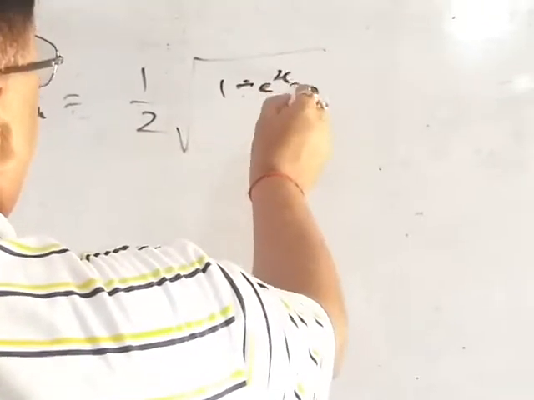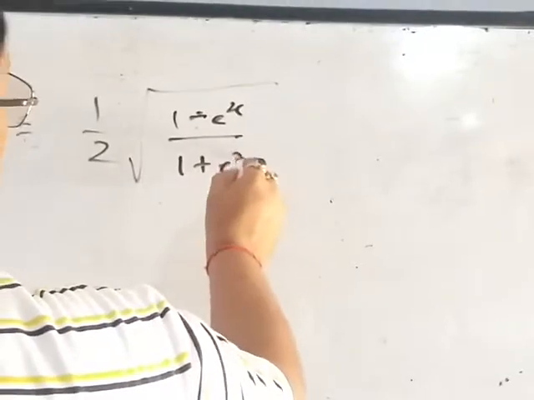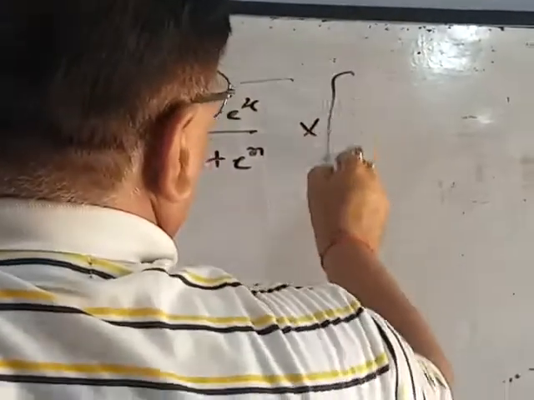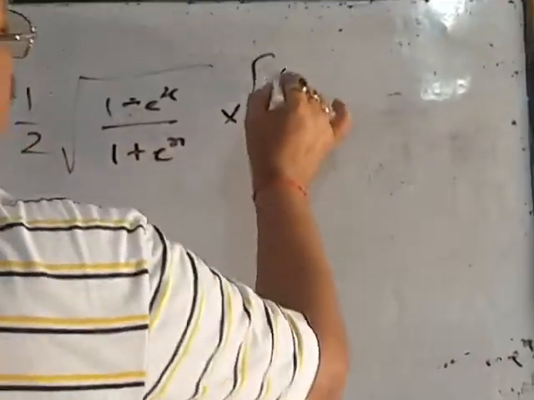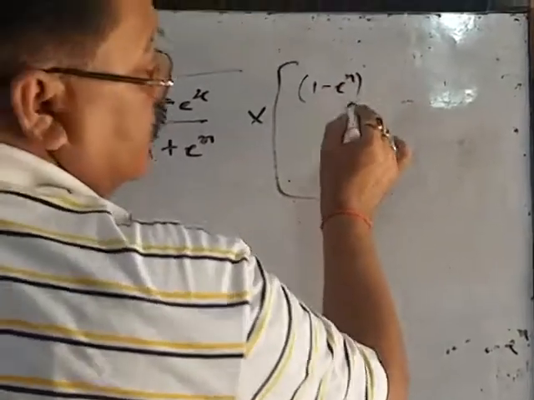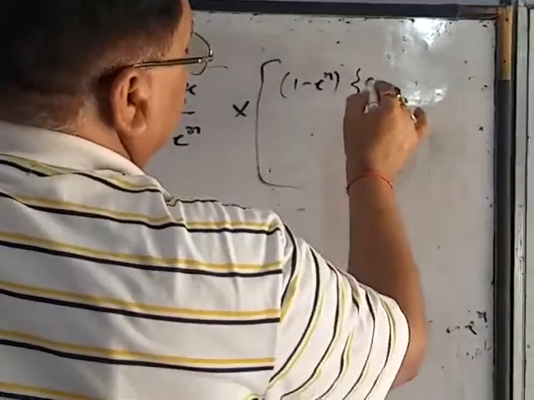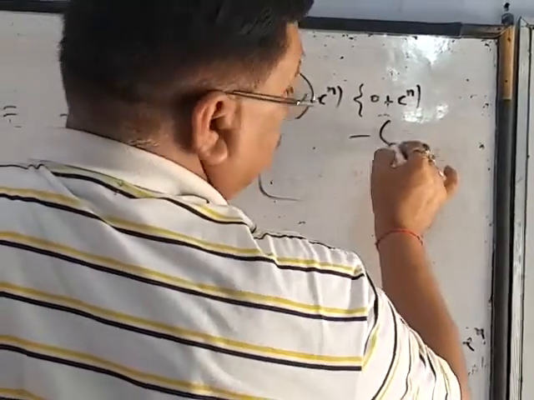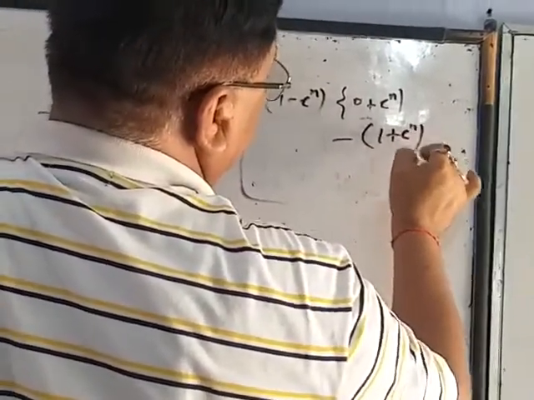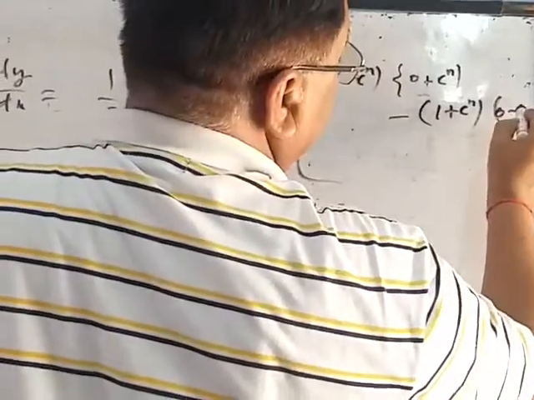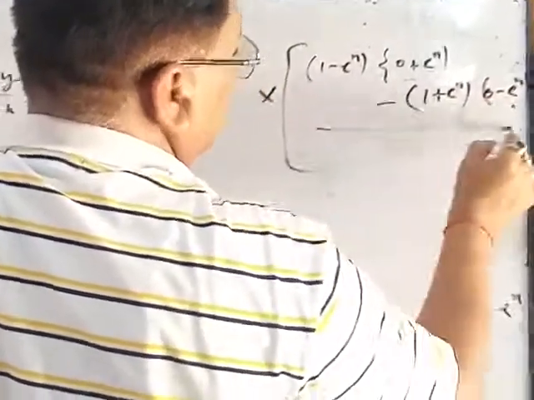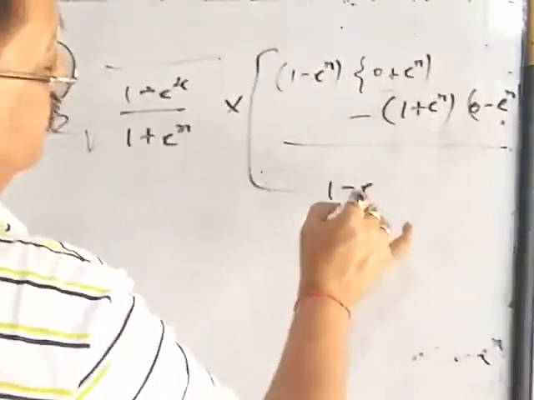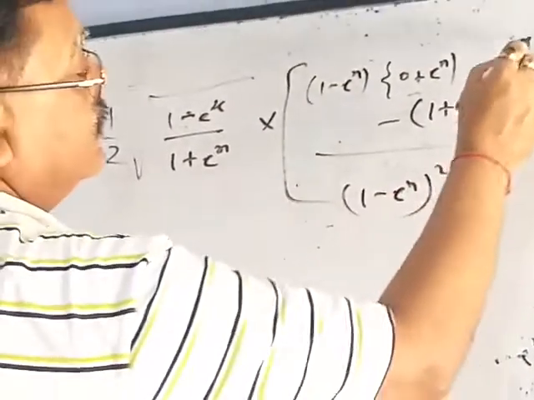Further simplification you can write: e power x by 1 plus e power x, into, simplify, 1 minus e power x, 1 cut 0, e power x minus 1 plus e power x, 0 minus e power x, by 1 minus e power x whole square.